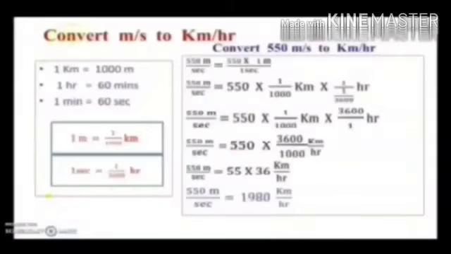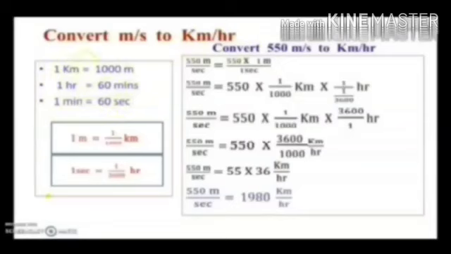Let us pass on to conversion of units of distance. I explain you how to convert meter per second to kilometer per hour. We have basic relation here. 1 kilometer equals 1000 meter. 1 hour is 60 minutes. 1 minute is 60 seconds.